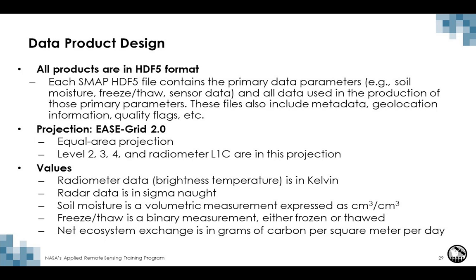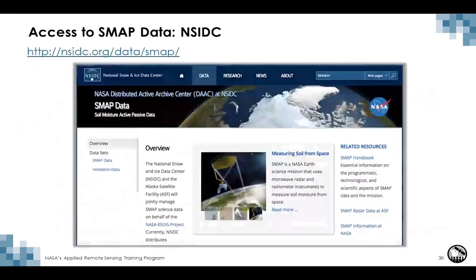The level 3 products have a latency of about 50 hours from acquisition. The SMAP soil moisture products are archived at the National Snow and Ice Data Center. And if you follow this website, you'll go directly to the page where the data is hosted. So let's just jump over to the web page and I'll show you how to download the data.